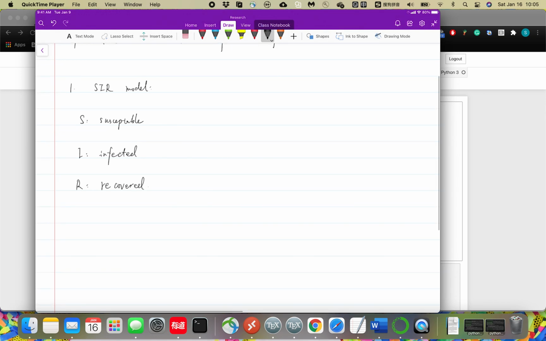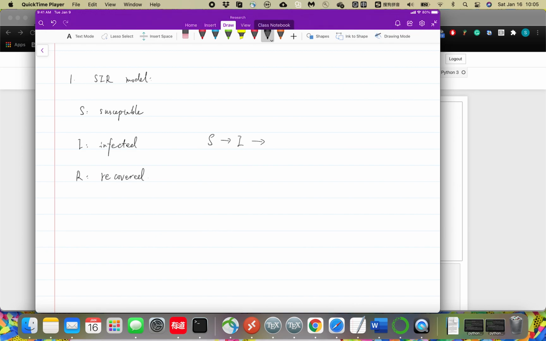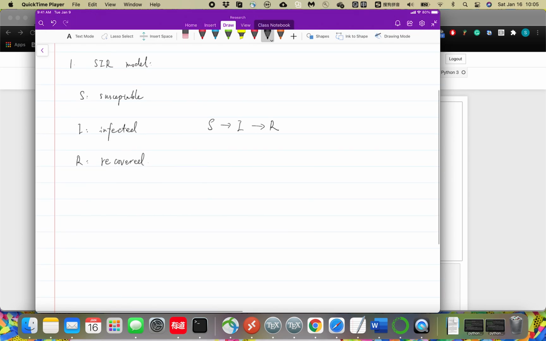The interactions between them are this linear relationship. That is, a person who is susceptible is going to become infected once they are exposed to the virus, and the people who are infected will be able to recover after this.